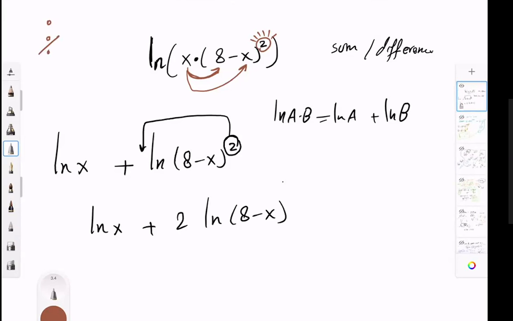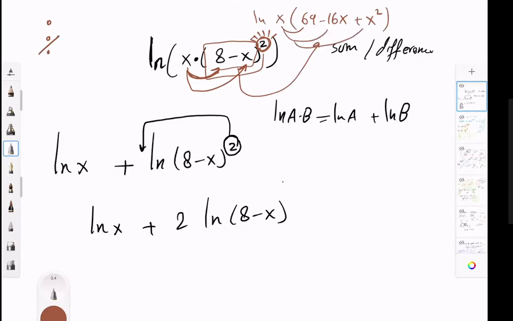So I cannot distribute the x inside the parenthesis because there's an exponent here. If you apply the exponent, you get 64 minus 16x plus x squared, if you FOIL it. And if you multiply the x inside, it would not be a good idea because there is no formula for addition and subtraction. Did I confuse you?